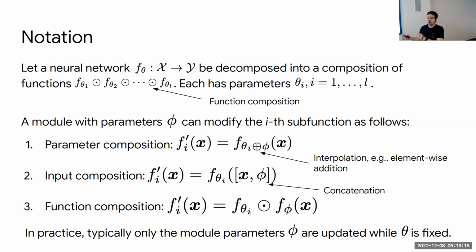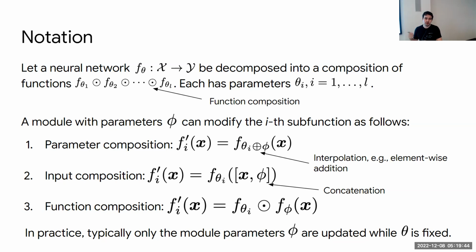And then on the modularity side, we're going to talk about these modular representations in terms of having parameters phi here. Each modular representation is going to be associated with a subfunction f. Throughout the tutorial, we're going to characterize these parameter-efficient representations into three different subcategories.